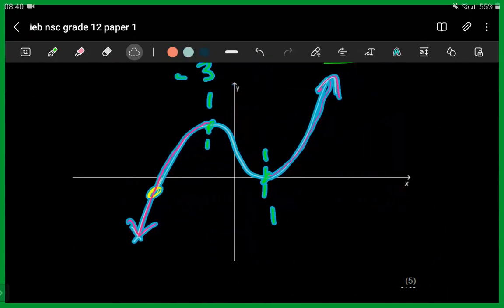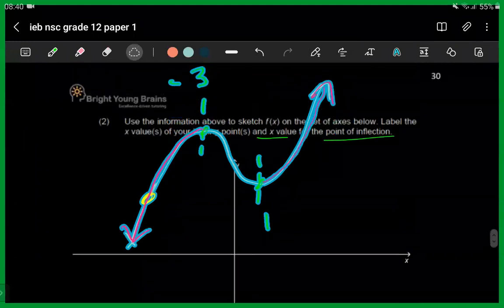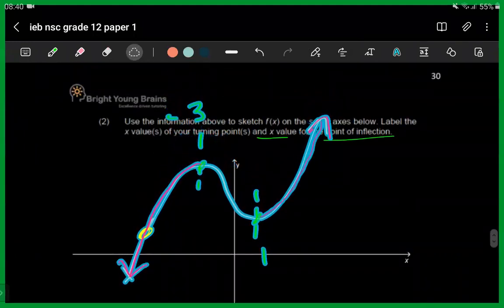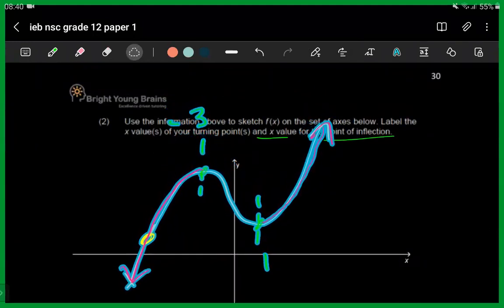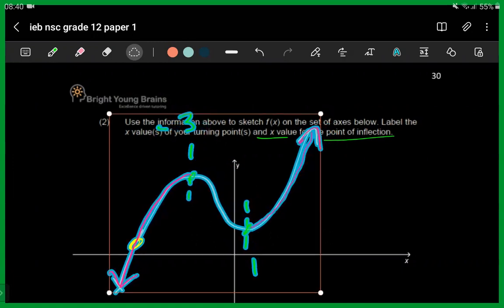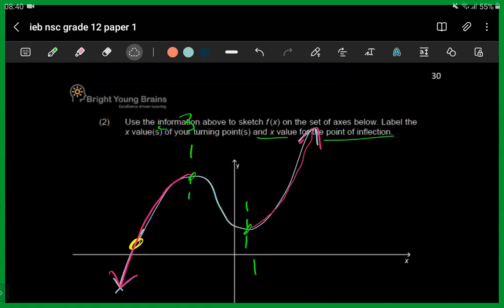So this graph, since our turning point is at, let's say, negative 3, right? Obviously, we're going to move our graph something like this because it should not touch the x-axis twice. So this is what our image looks like. You see, we already stated that one of our turning points is at negative 3 here. The other one is at positive 1.